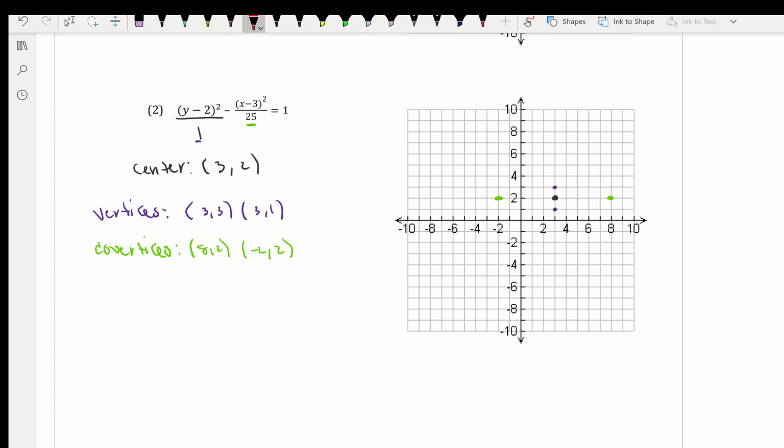So now I have the general shape. It's that rectangular box shape. And this is where you go through the center to the edges of your box. And remember, this was along the y-axis since y came first. So that is what my hyperbola looks like.